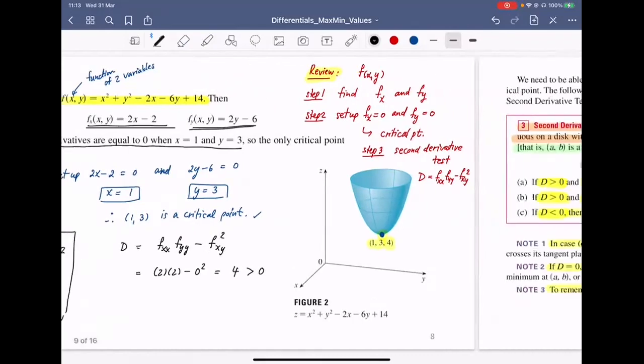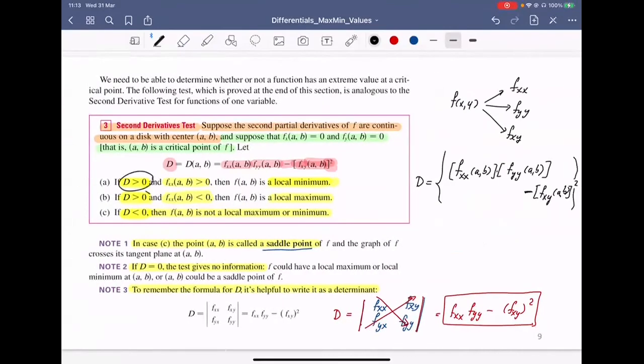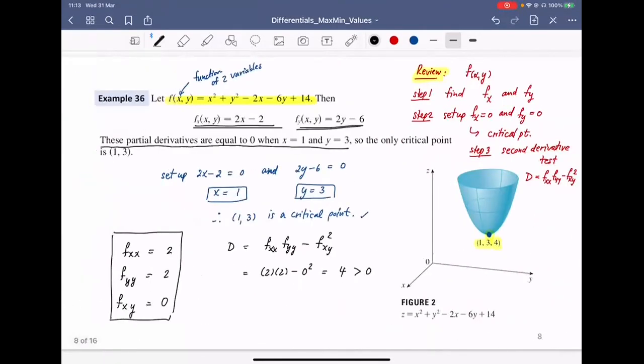Go back to the theorem. D greater than 0, so it's going to be case A or B. Next, if f double prime xx is bigger than 0, it's going to be a minimum. If f double prime xx is less than 0, it's going to be a maximum. This is what we have to focus on. Oh, it's positive.